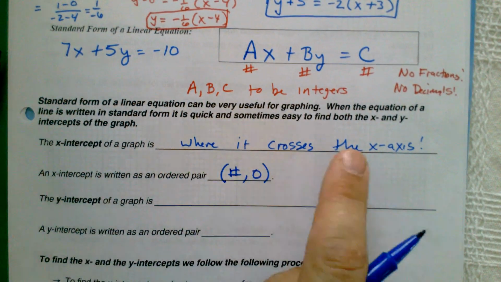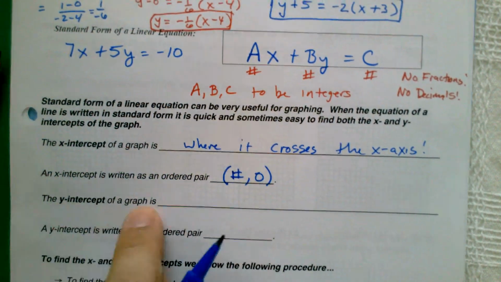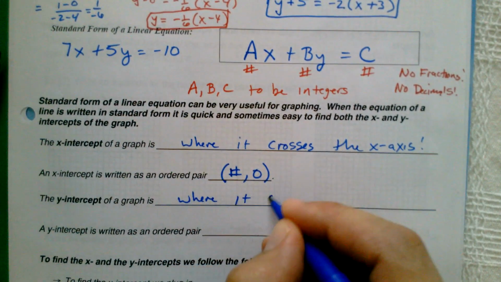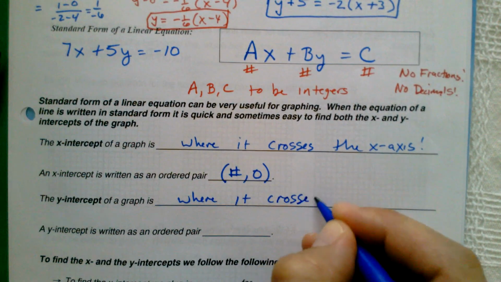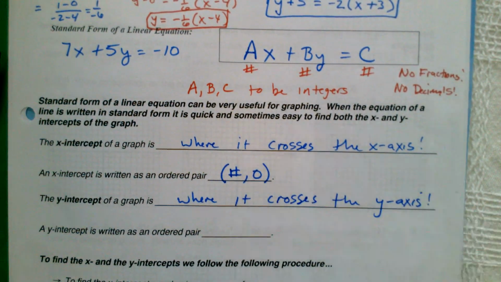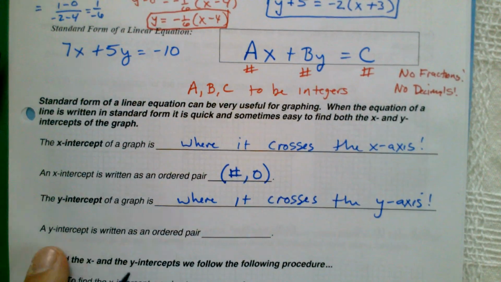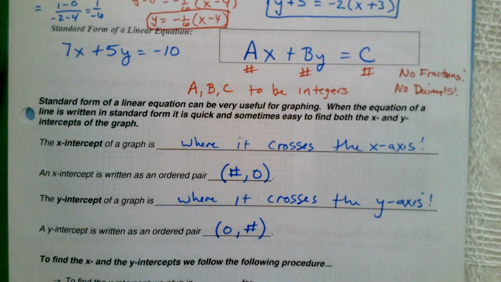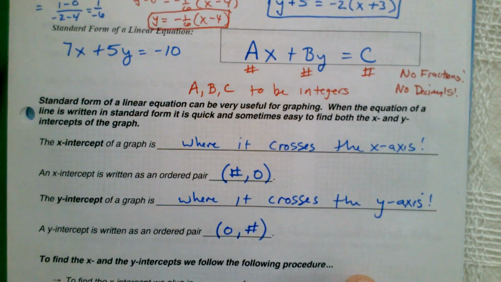So an x-intercept is where it crosses the x-axis, which means a y-intercept is where it crosses the y-axis. A y-intercept written as an ordered pair is 0, comma, some number.